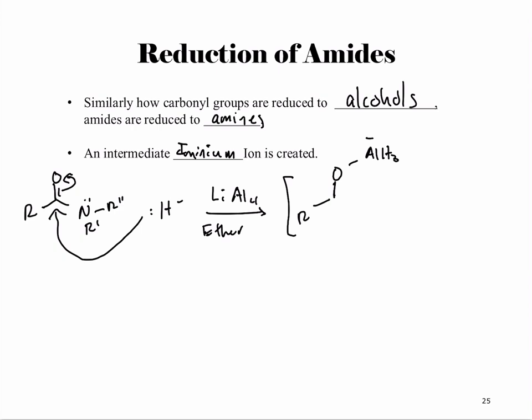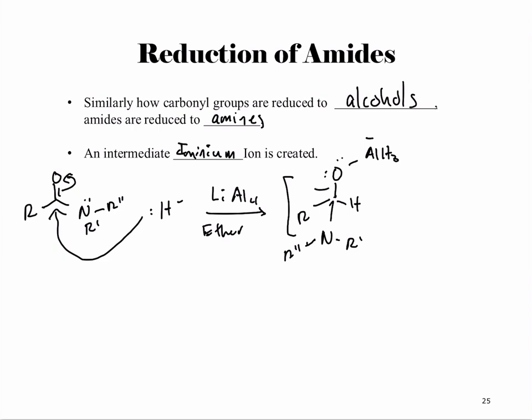And then we have our hydrogen still there. And then we have our amide, so this is going to be R prime, R double prime. And this will then cause the leaving of this aluminum alkoxide compound right here.